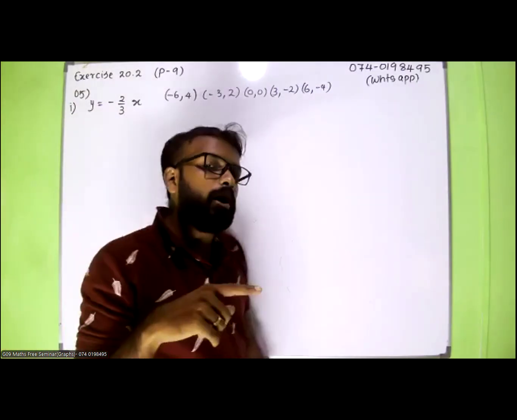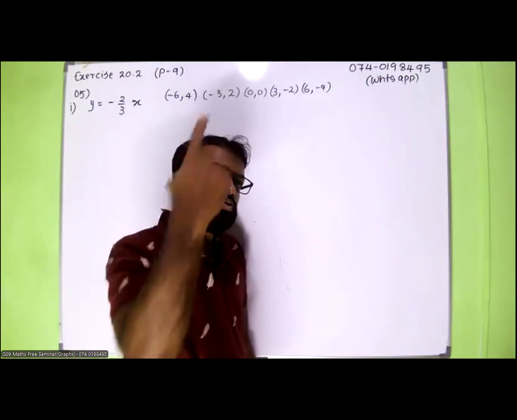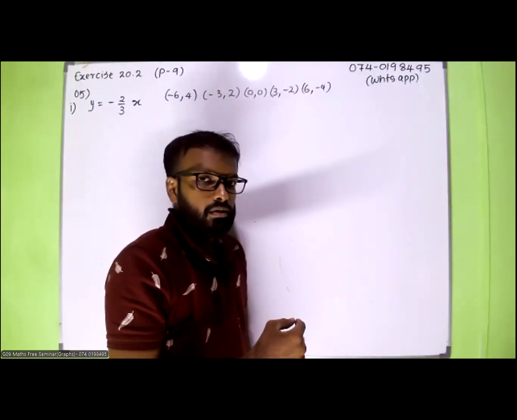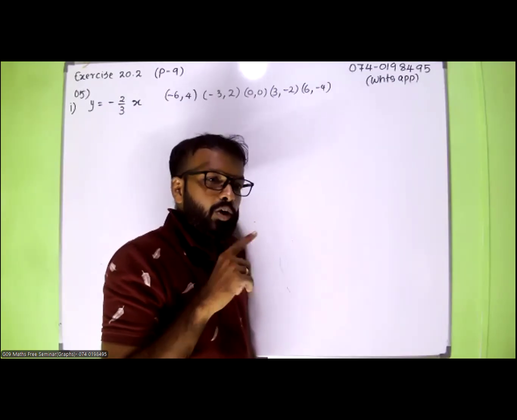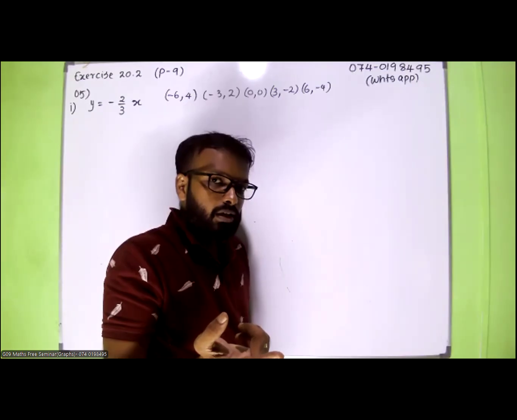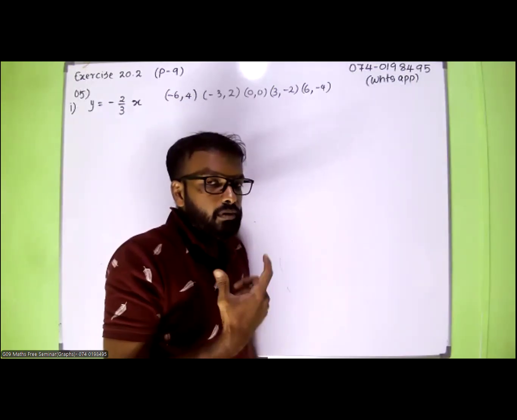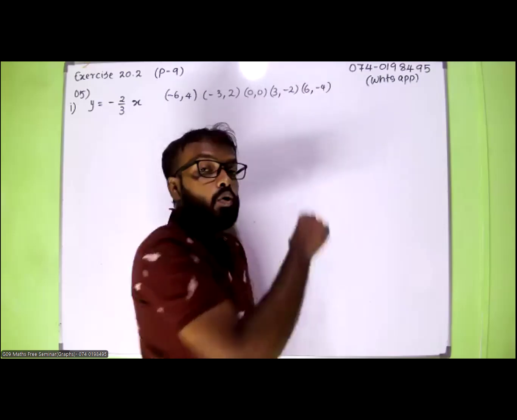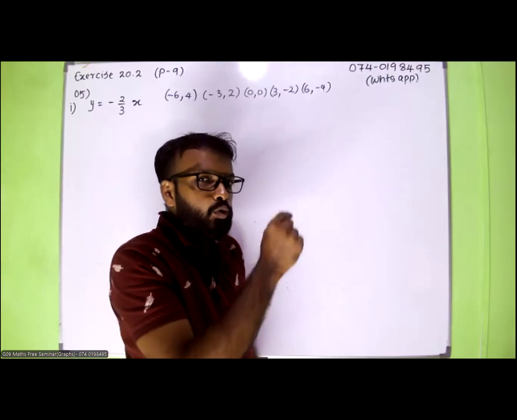So my x-axis varies from minus 6 to positive 6. But as a good practice, our maximum value for the x-axis is 6, so I will take up to 7.